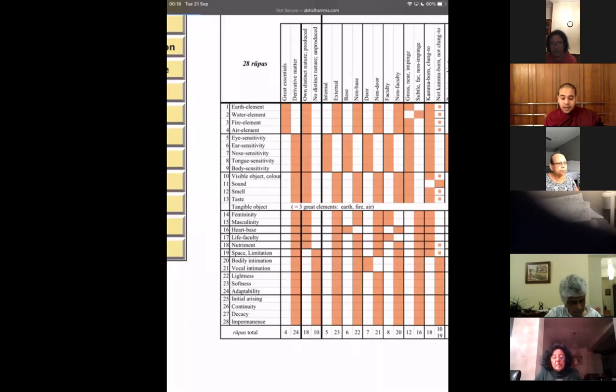Right? Now, door and non-door, right? Door and non-door. Dwara. Now, what is a dwara and what is not a dwara? Lakshman. Yes, Bhante.